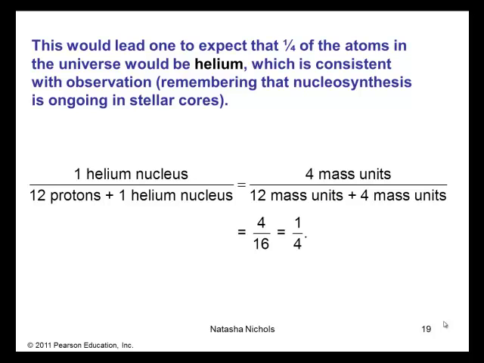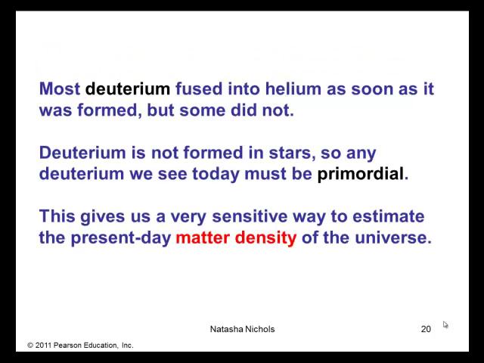So even before the supply of neutrons was completely used up, the nuclear reactions had effectively ceased. Most deuterium fused into helium as soon as it was formed, but some did not. Deuterium itself is not formed in stars, so any deuterium we do see today must be primordial. This gives us a very sensitive way to estimate the present-day matter density of the universe.